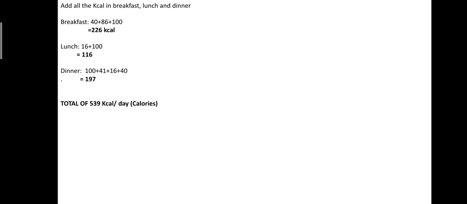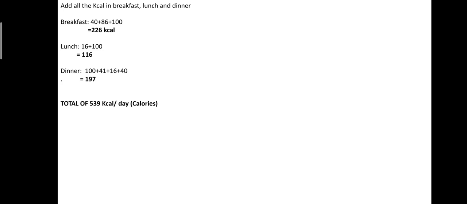To get the total of kcal per day, we have to add the kcal in breakfast, lunch, and dinner. For the breakfast, it has 40 plus 86 plus 100 is equals to 226 kcal.